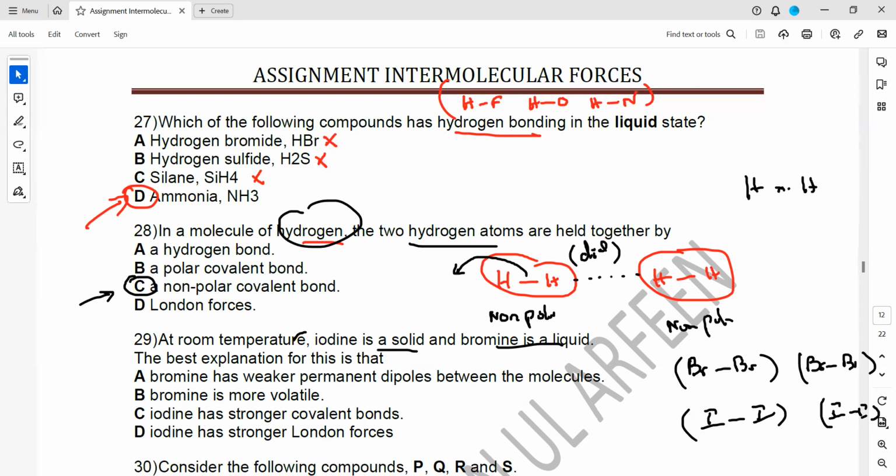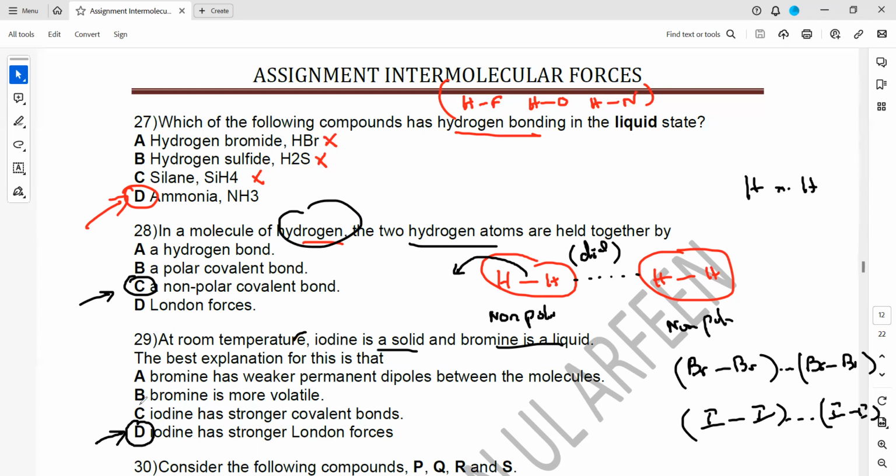So for non-polar compounds, the force will be London dispersion force. And this London dispersion force increases as the number of electrons increases. So iodine has stronger London forces, or dipole induced dipole force. Because iodine is solid where bromine is liquid, iodine has a high melting point and boiling point compared to bromine.